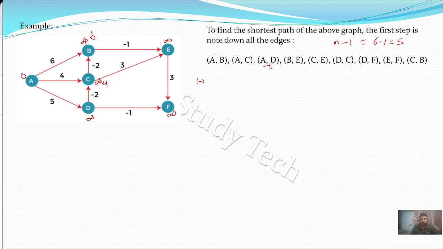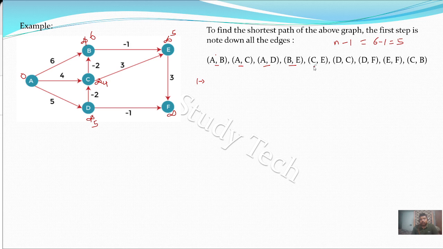Next A to D is 0 plus 5, 5 is the minimum, so we update it to 5. And B to E is 6 minus 1, that is 5, already infinity is there, 5 is the minimum, we can update it.